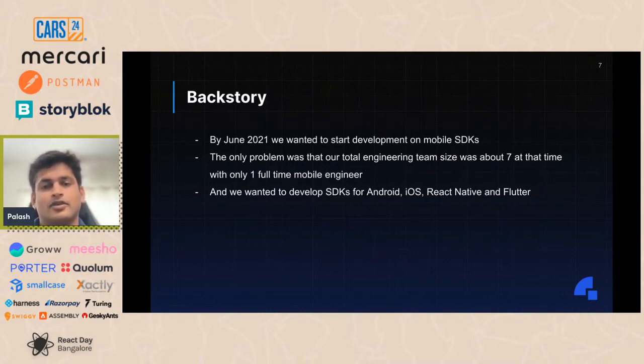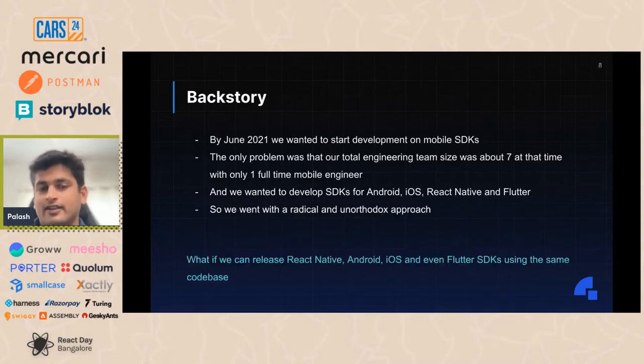So we had to support React Native, Flutter, native Android, iOS, because our customers' app might be written in those frameworks or platforms. So with a limited engineering team, and us wanting to develop these SDKs, it wasn't plausible to make 4 different SDKs. So we went with a very radical and a very different approach.